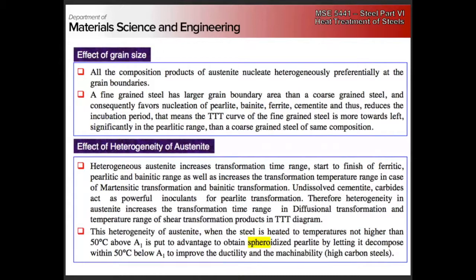You're going to have TTT curves where the start to finish is going to broaden, right? And it has to do with grain size, whether you have undissolved secondary phase particles, grain boundary refiners, right? These things can all retard the pearlite transformation.